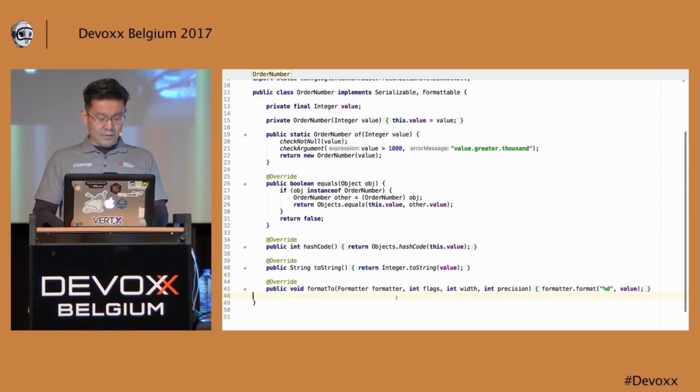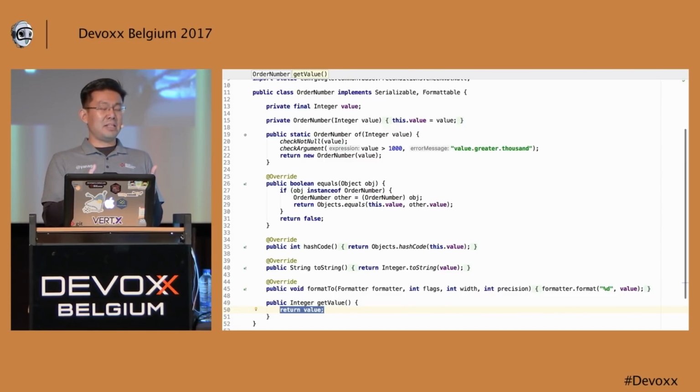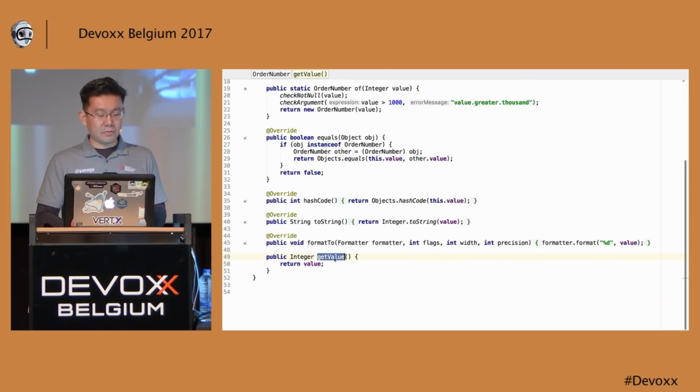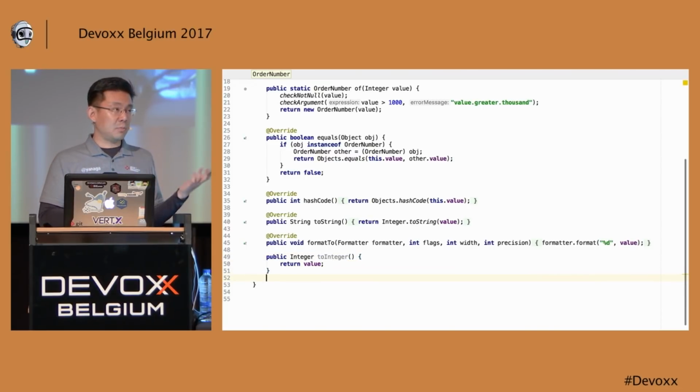If I just create a getValue getter, I think it exposes too much information because when you read getValue, you're just assuming that you have an internal property called value too. That's why instead of getValue, I like to rename the method to value, because I'm converting my order number representation to an integer representation. So later, maybe I could provide a toLong or toBigDecimal or toSomething implementation. So I'm going to create a toInteger, and then I expose the internal value.